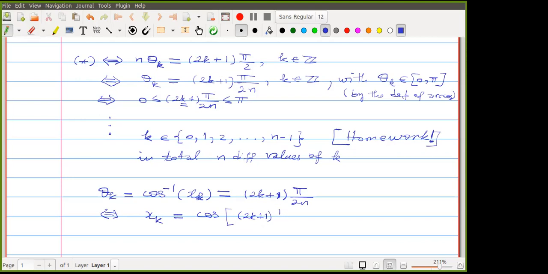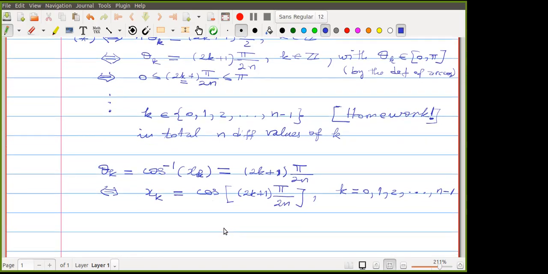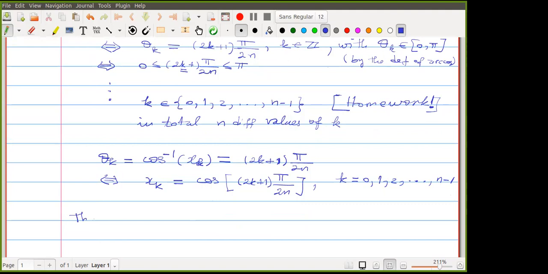2k plus 1 into pi by 2n, where k takes the values 0, 1, 2, up to n minus 1. So in total, we can see that there are exactly n distinct roots.